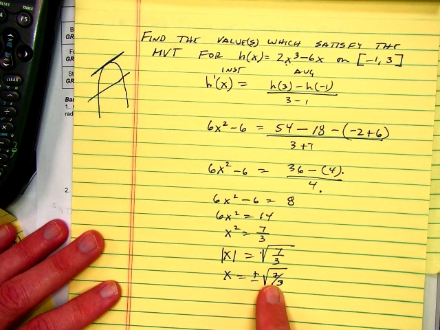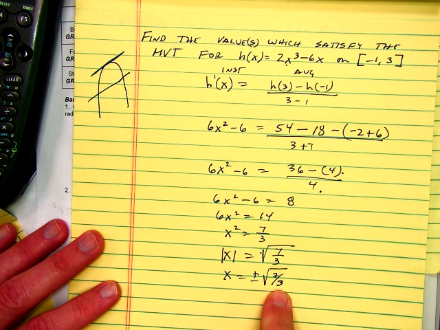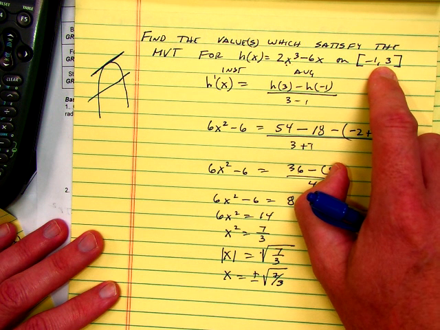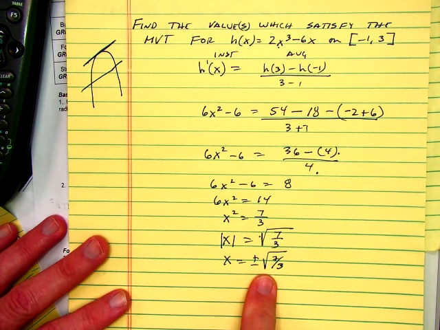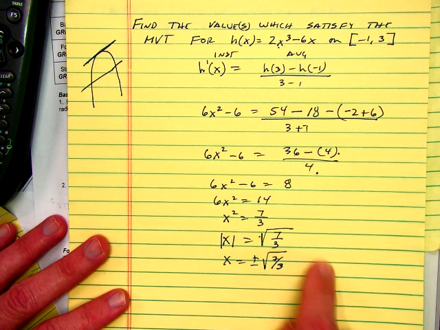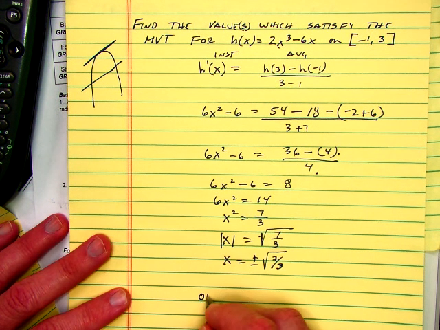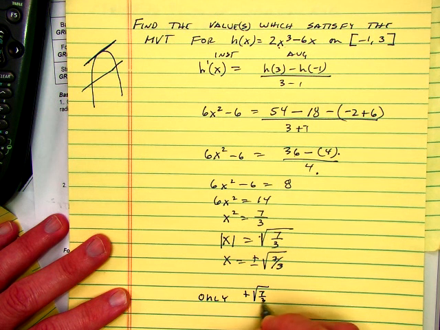Because this is about 2, and positive root 2 is in there, but negative root 2 is just to the left of that. You must show that you considered both of them, but then you say that only positive root 7 over 3 is in the interval.